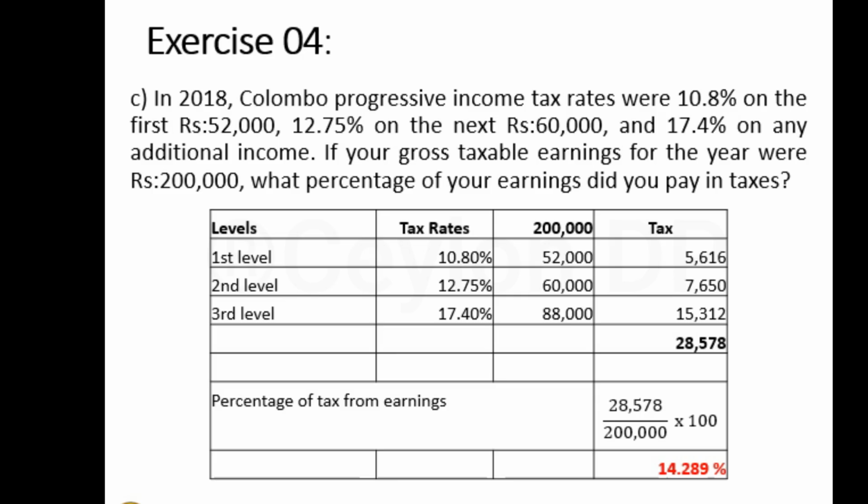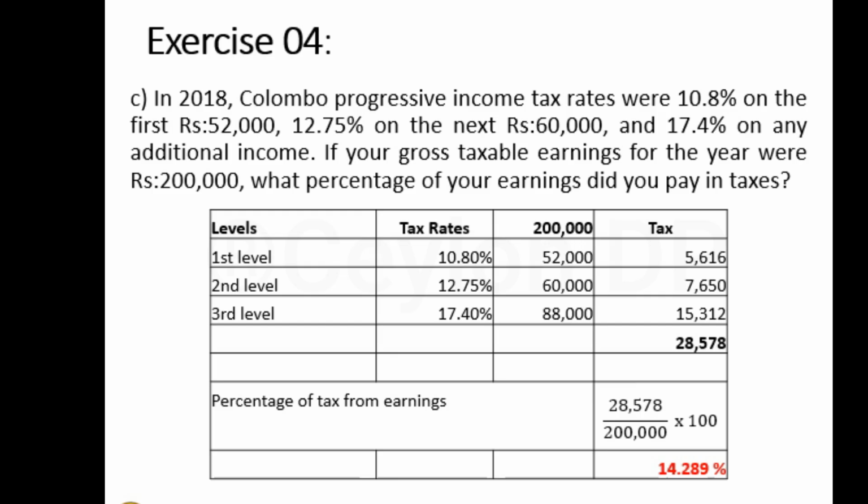The next 60,000 they will charge 12.75%, and 17.4% on any additional income.